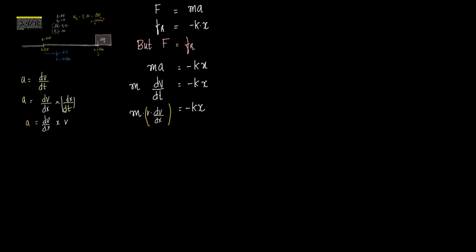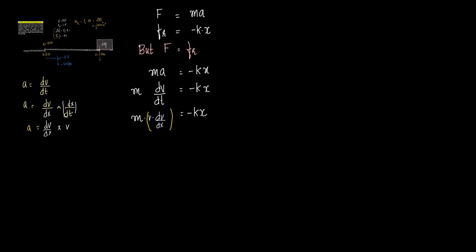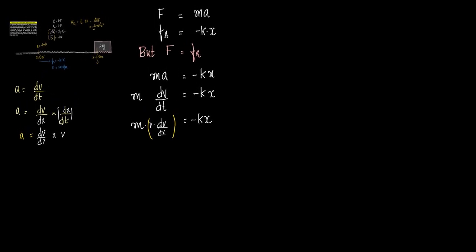What next? We can write this further as m into v into dv is equal to minus kx into dx.